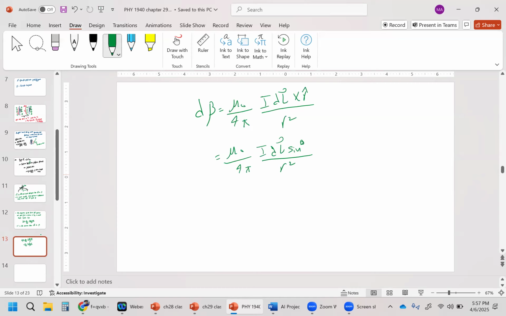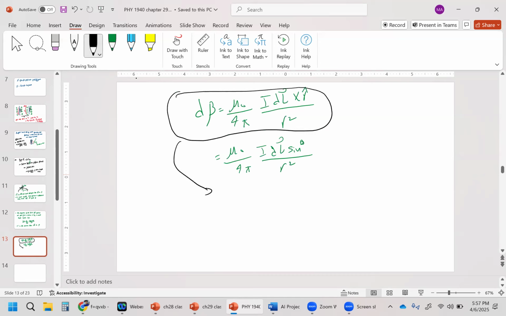And that's what we call your Biot-Savart law, which was developed by two French scientists. And again, I'm going to write this down.